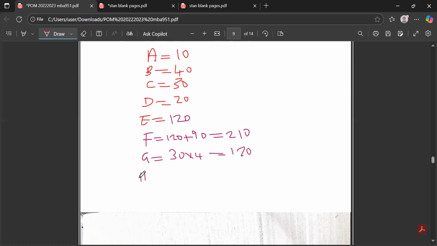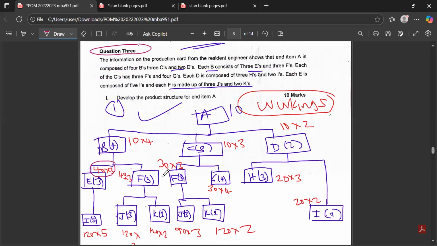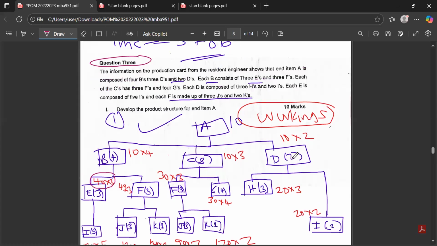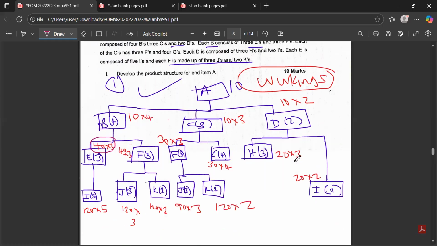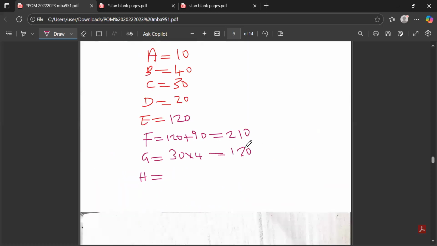Then for H, it is 20 by 3 because it is a 20 that will come to D, because D came from A, we multiplied by 2. So it's 20 by 3, which is 60.